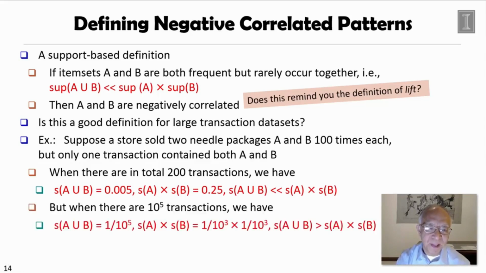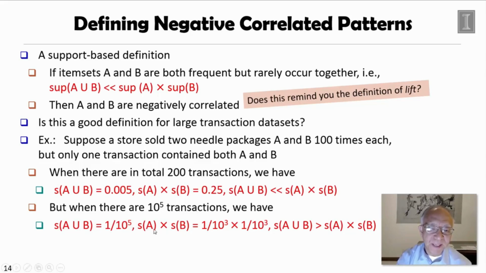But when the store sold in total 10 to the power 5, that means 100,000 transactions, and suppose all the others contain neither package A nor B, then the situation could be completely different. Support of A and B together is 1 over 10 to the power 5.